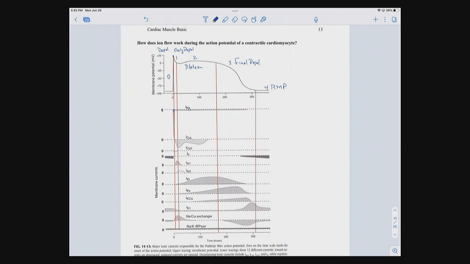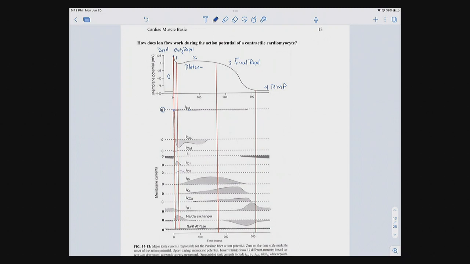So now let's see what happens. Why is the action potential shaped this way? Well, we have our channels below here, and we have the little zeros here. Some of the shading is above the 0, some of the shading is below the 0.